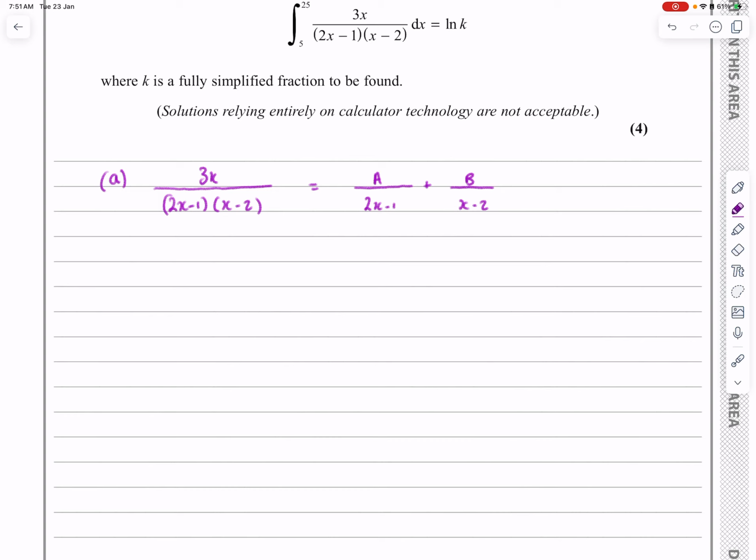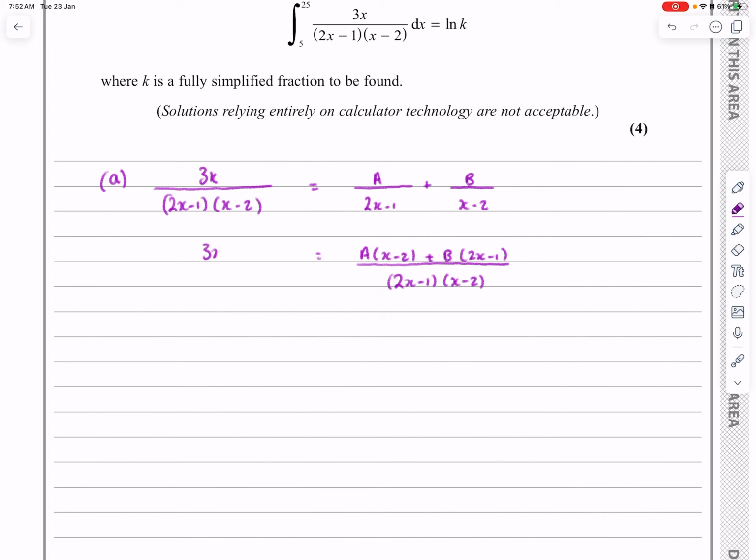If I'm going to look at this right-hand side, and if I'm going to add this together, I do that times that, and those two multiply together. So that gives us A(x minus 2) plus B(2x minus 1) all over (2x minus 1)(x minus 2).